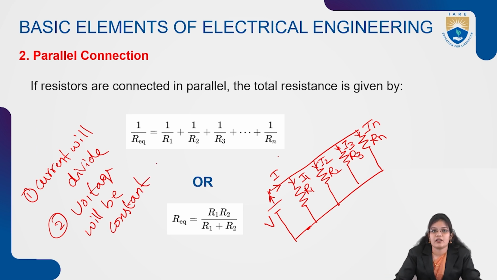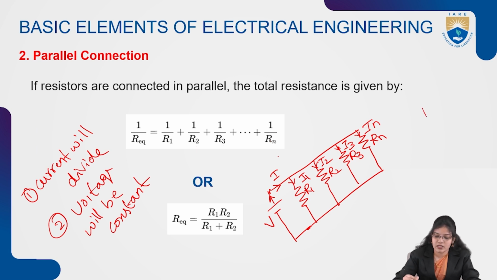So in the series connection, the current is constant and the voltage divides. In the parallel connection, the current divides and the voltage is constant. To calculate the equivalent resistance of a parallel network, we use the formula 1 by R equivalent equals 1 by R1 plus 1 by R2 plus 1 by R3 and so on till Rn.